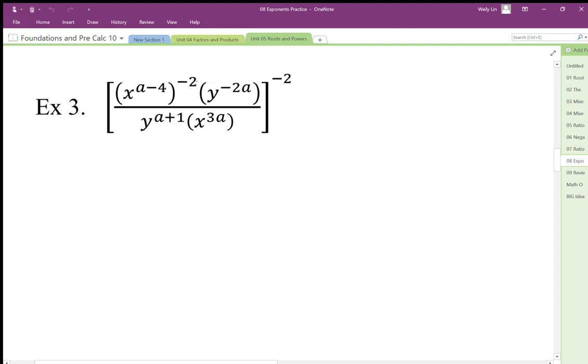So I don't like all these negatives, so I think maybe that's the first thing I'm going to deal with here. I just want to make sure I figure out where all these positives and negatives go. And I'm going to work from outside in this case because I can see that if I apply this negative power to that power and the negative power to here, right?